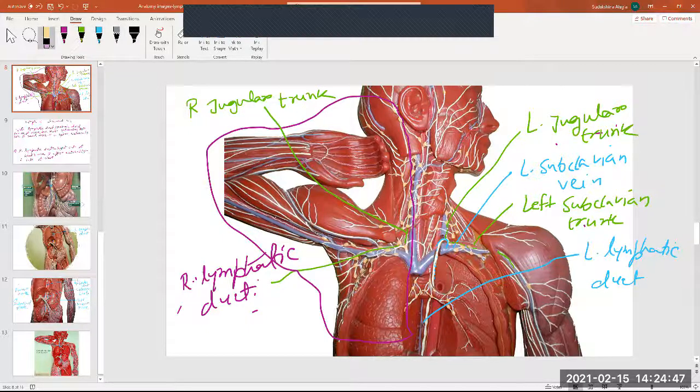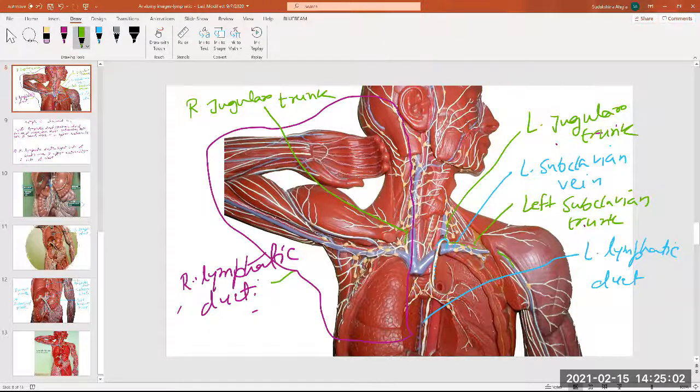And let me erase this here. You can see, it's not as clear, but you can see just the tiny segment here, the right subclavian trunk.